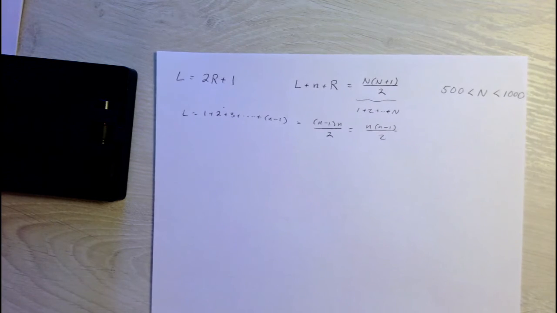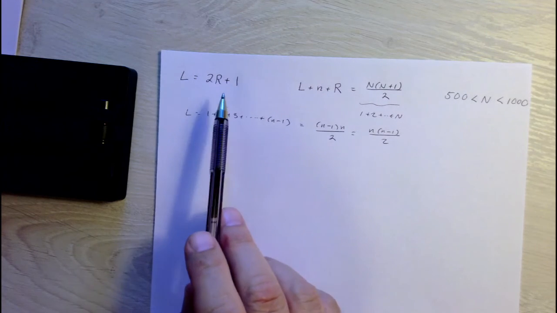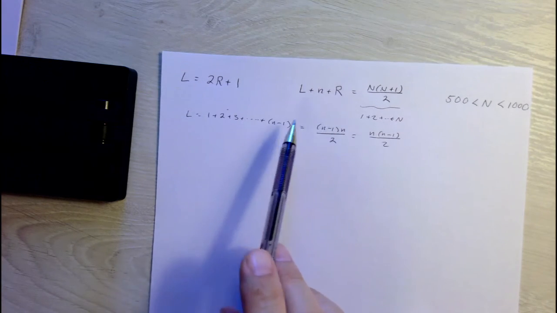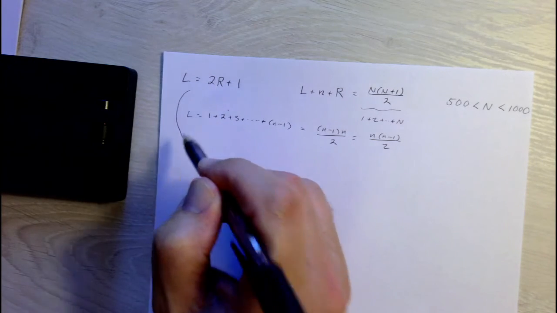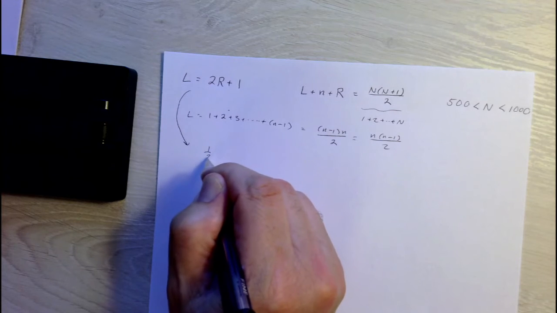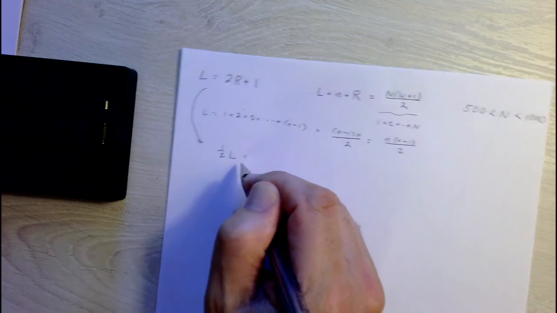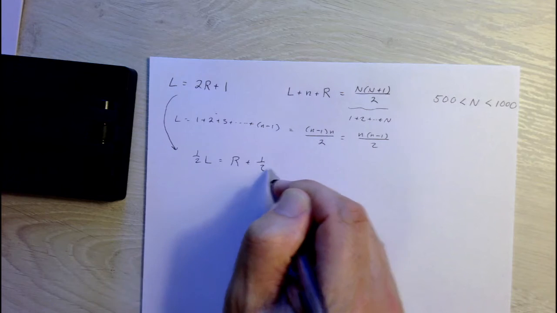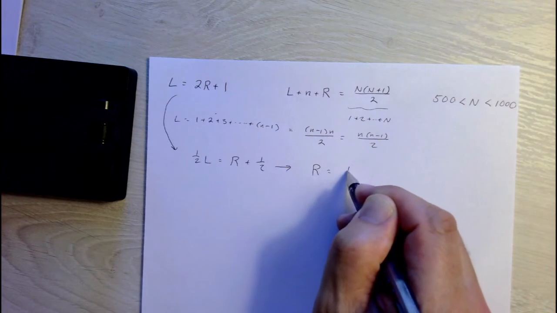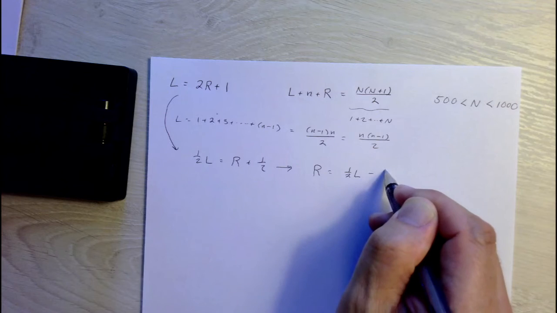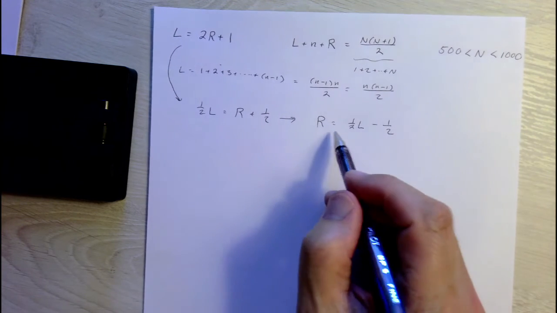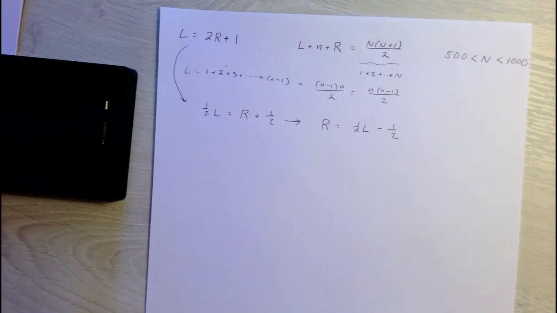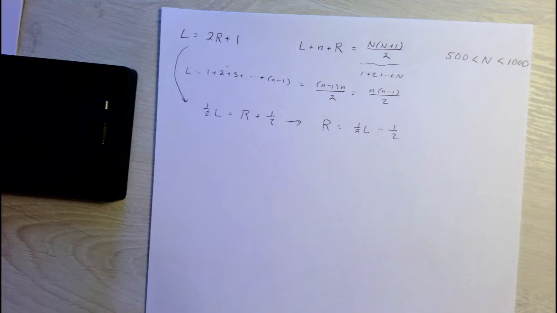We also know that we can write r in terms of L. We can take this equation and divide everything by 1/2 and get 1/2 L equals r plus 1/2. So r is going to be 1/2 L minus 1/2. Then we can substitute that back in here and write everything in terms of little n, right?